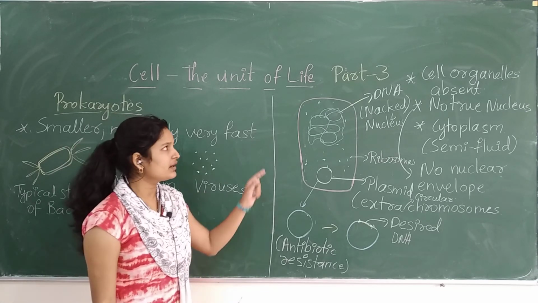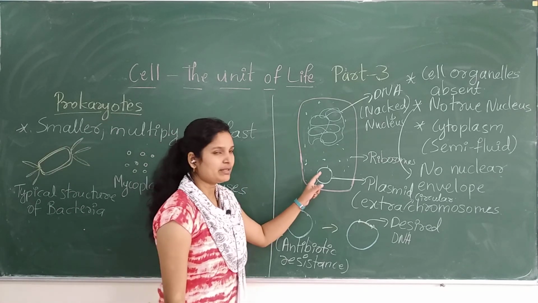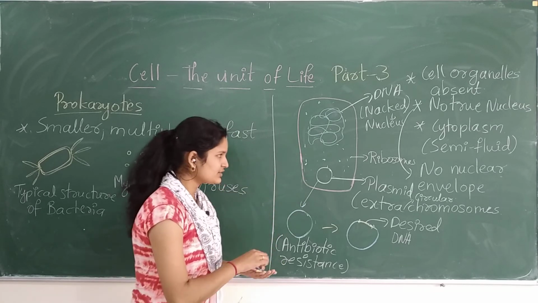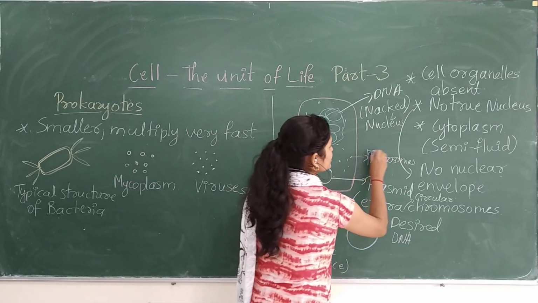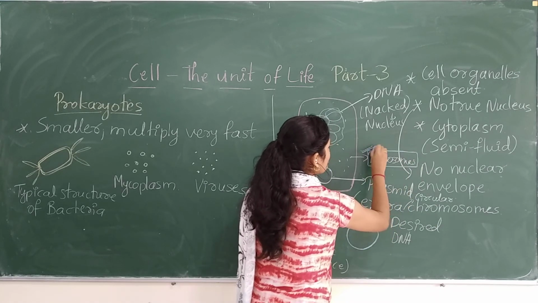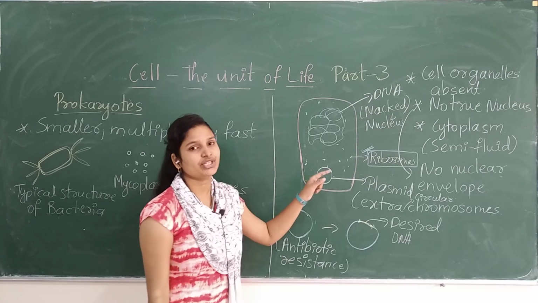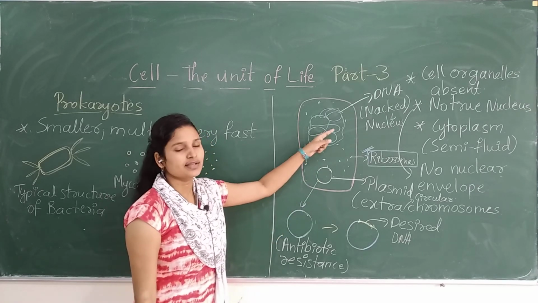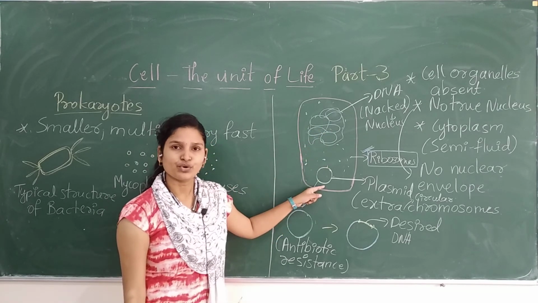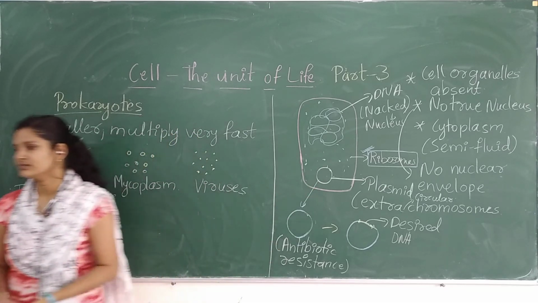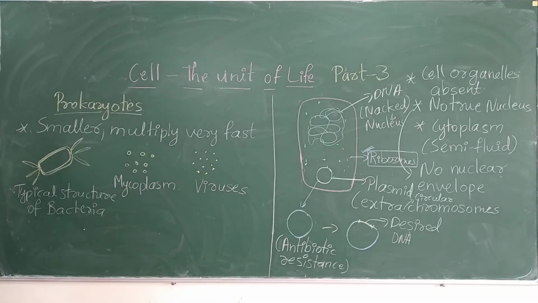But try to remember, in the prokaryotes there will be absence of cell organelles and presence of ribosomes only, because it should produce the proteins which are essential for the survival of these prokaryotes. Understood? Any doubts?